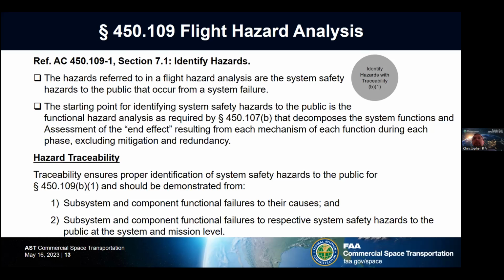The functional hazard analysis decomposes system functions and assesses the end effect resulting from each mechanism of each function during each phase, excluding mitigation and redundancy. For traceability, the proper identification of system hazards to the public should be demonstrated from 1, subsystem and component functional failures to their causes, and 2, subsystem and component functional failures to their respective system safety hazards to the public at the system and mission level.